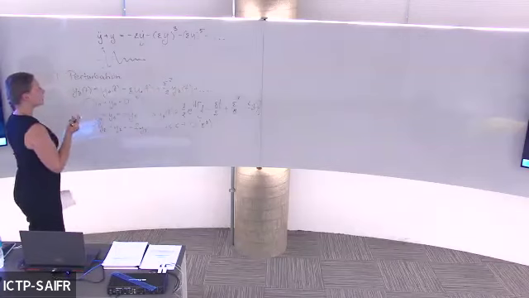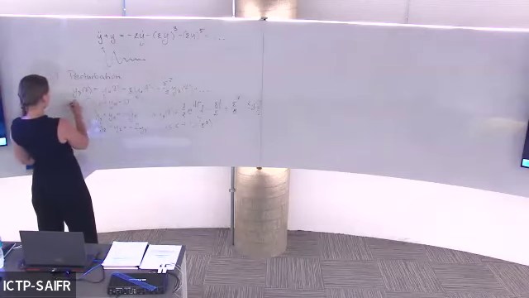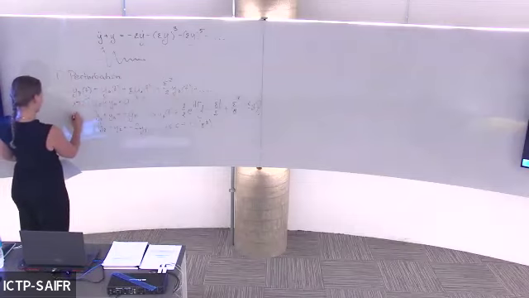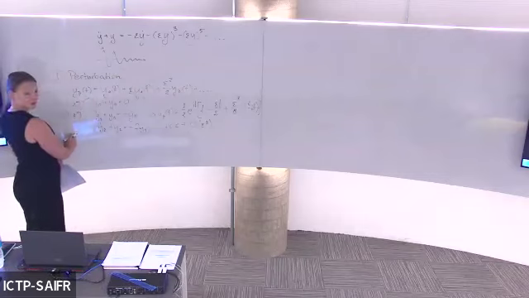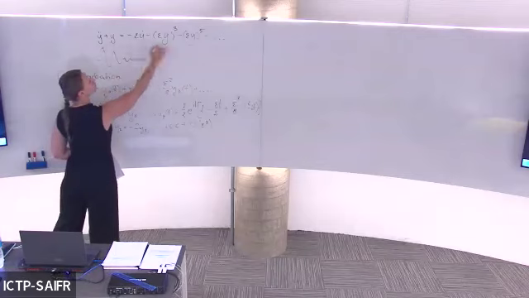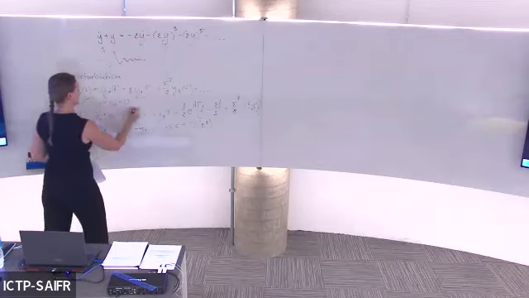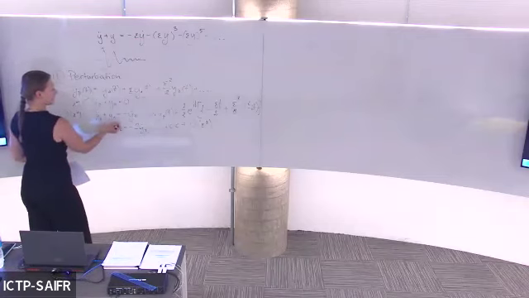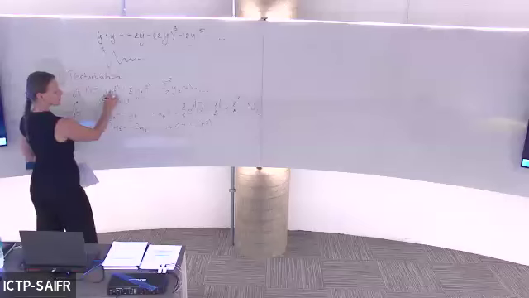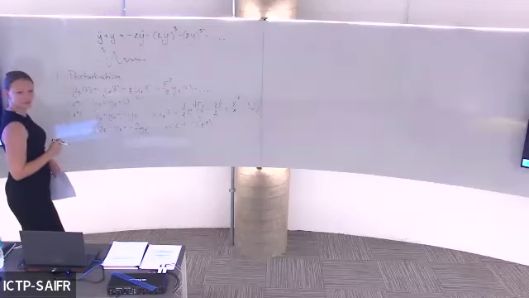So I'm saying, okay, these are the terms of order epsilon to the 0, these are the terms of order epsilon to the first, and so on. So you see on the first order, for example, there will be no terms epsilon 0 because everything is multiplied by epsilon, right? So that's why I get this guy. And the mixing comes from the fact that when I plug it in, it's going to be epsilon times y0 in the term with the derivative, right?